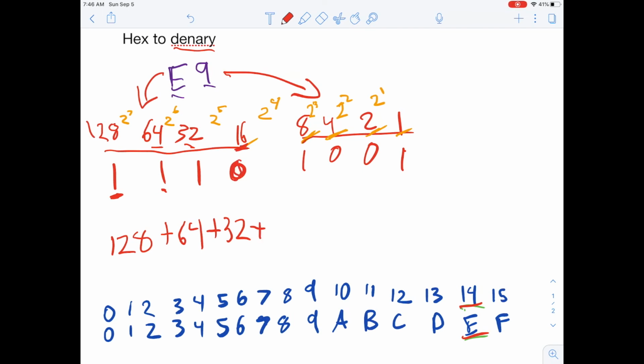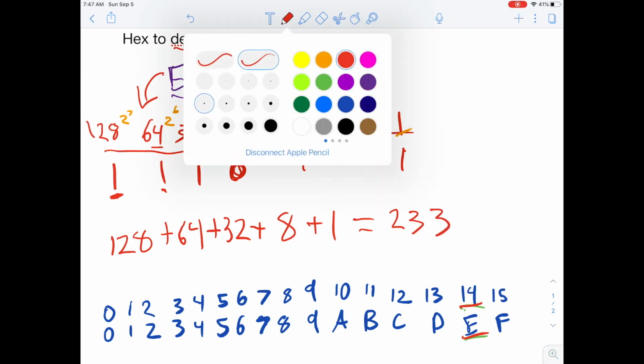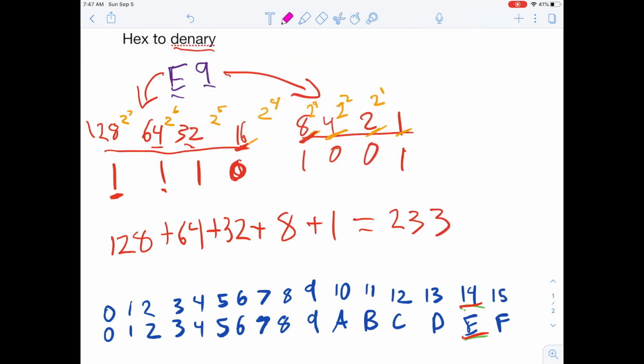This is a 0. So we come over here, plus 8 and plus 1. And when we add up all those together, again, we are going to get 233. So E9 hex is equal to 233 in decimal or denary.